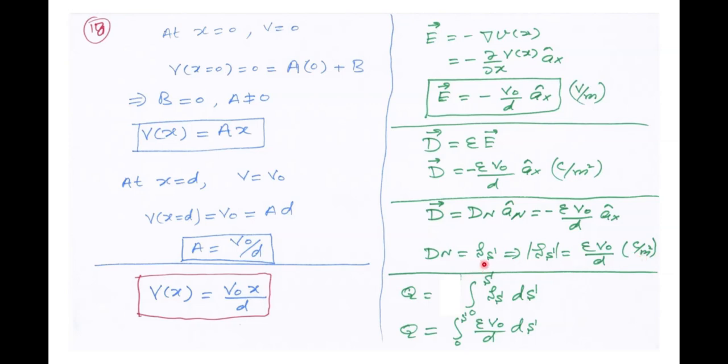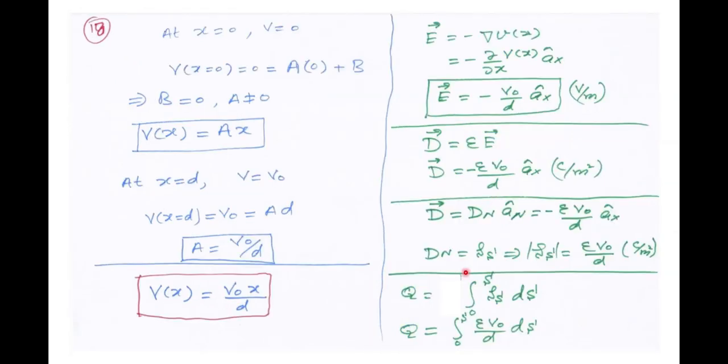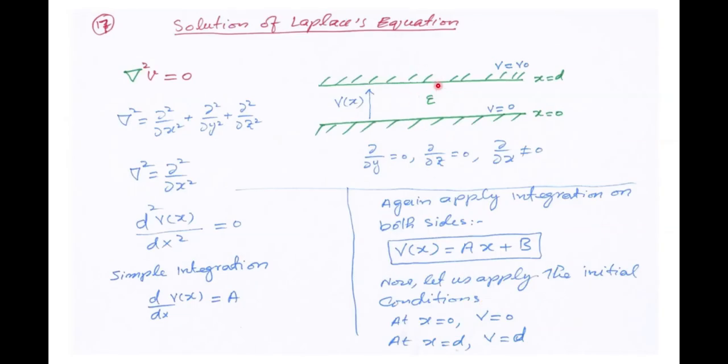Now, in order to find the total charge accumulated on one of the conducting plates, either on this or that: in electromagnetic field theory, we consider a geometry that occupies the whole universe.